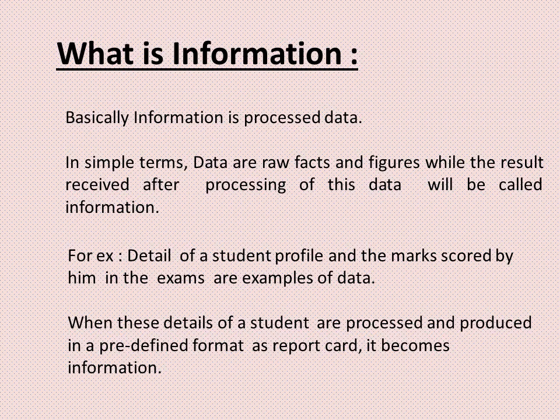When these details of a student are processed and produced in a predefined format as a report card, it becomes information. That is the difference between data and information. Many times they seem equal, but the basic difference is that when the data is processed, it becomes information.